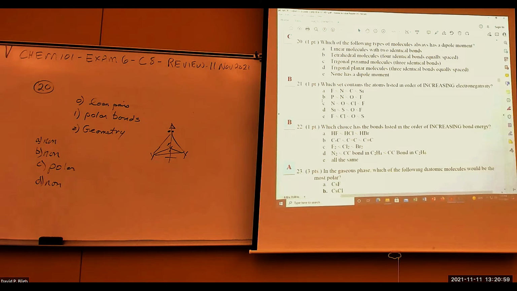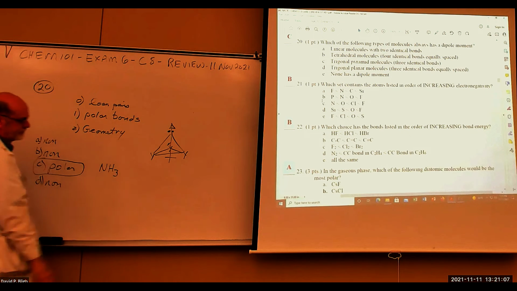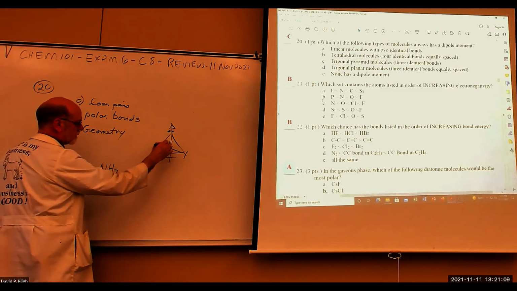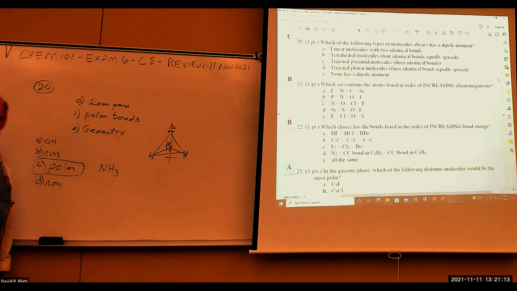None has a dipole moment. No, that one does. Example, ammonia. You just put a nitrogen here and hydrogens here. And you got your trigonal pyramid. Plus the bonds are polar in that case.